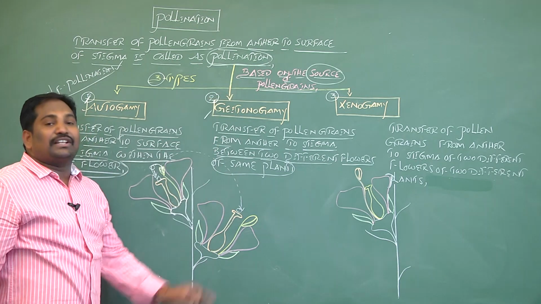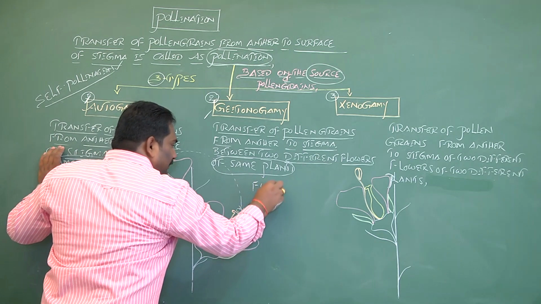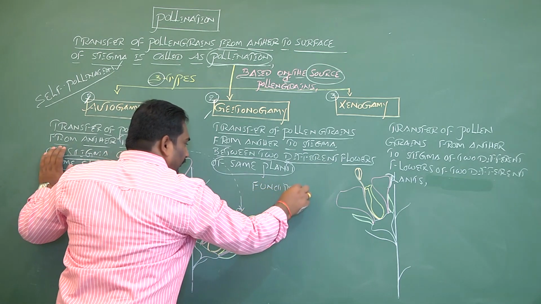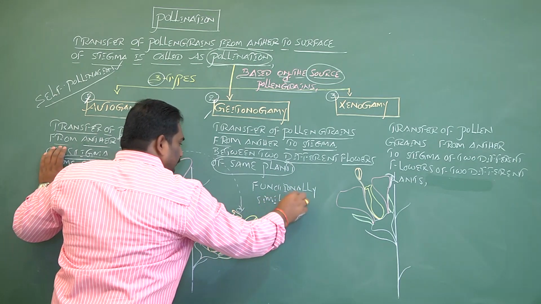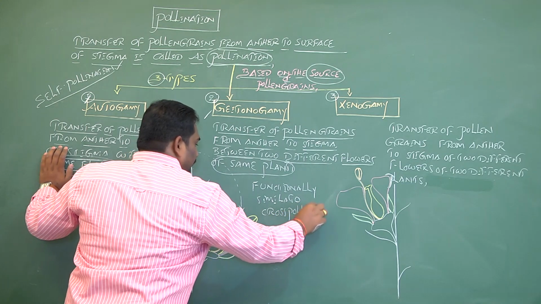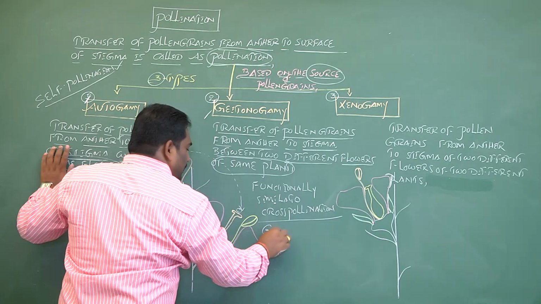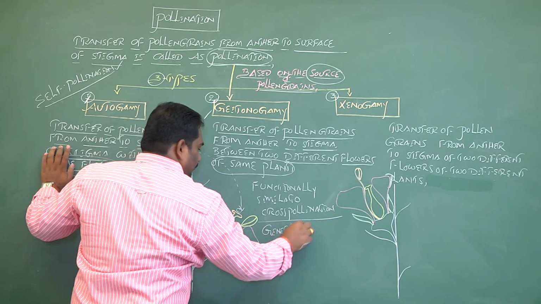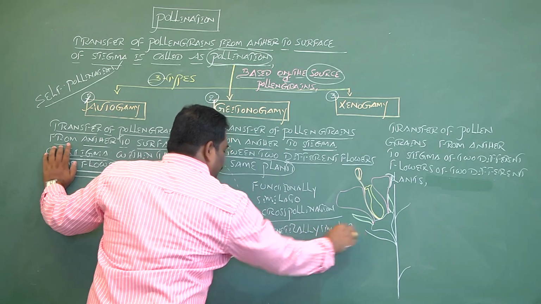Geitonogamy is functionally similar to cross pollination, but genetically similar to self-pollination.